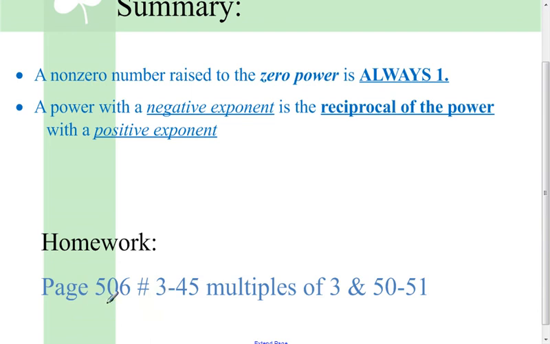Page 506, numbers 3 through 45, multiples of 3, and I'm going to take out these last two problems. These are the word problems that we actually skipped on the note sheet. You probably noticed we skipped a couple of the word problems. Okay, so do page 506, 3 through 45, and I will check it tomorrow, answer any questions we have, and go from there. Thank you for your attention, and have a nice day.